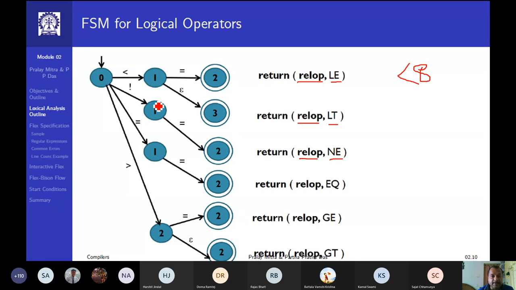That negation operation we are not considering here. So this particular FSM will support a subset of statements in your source program where there is only the not equals to symbol. Only not is not supported. So this is a subset of your understanding of C. It is not a complete C. In order to make it complete, I have to add all other features.